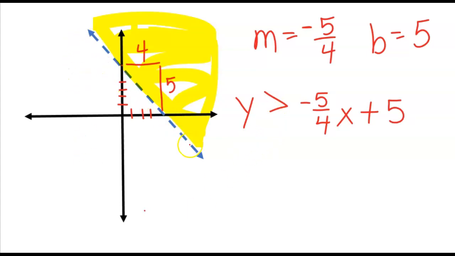If the line is dotted, it doesn't have an or equal to. If the line is solid, it does have an or equal to. So that's what those notes mean.